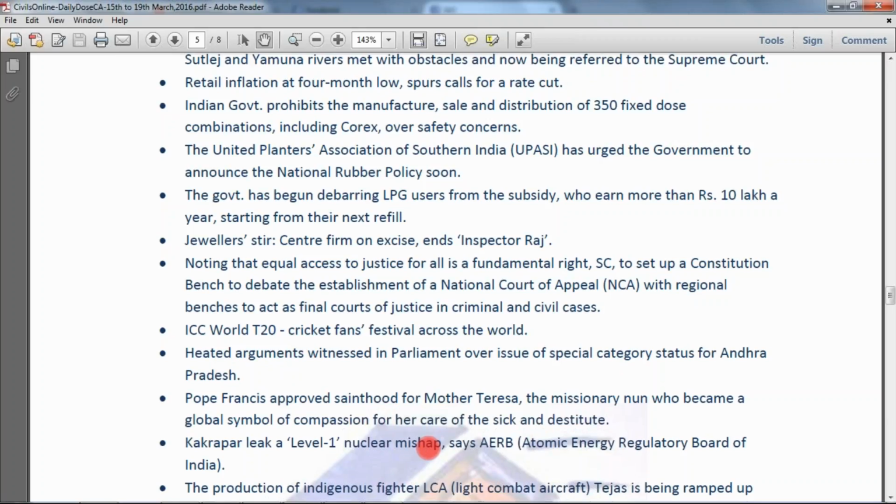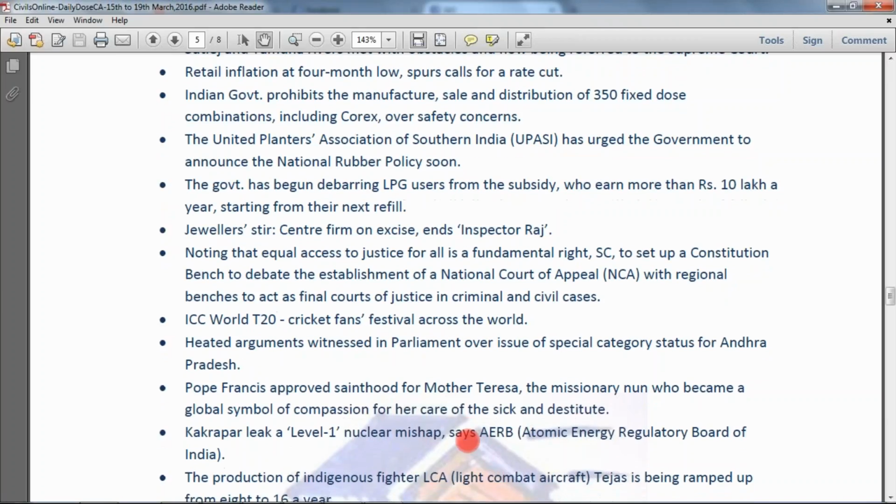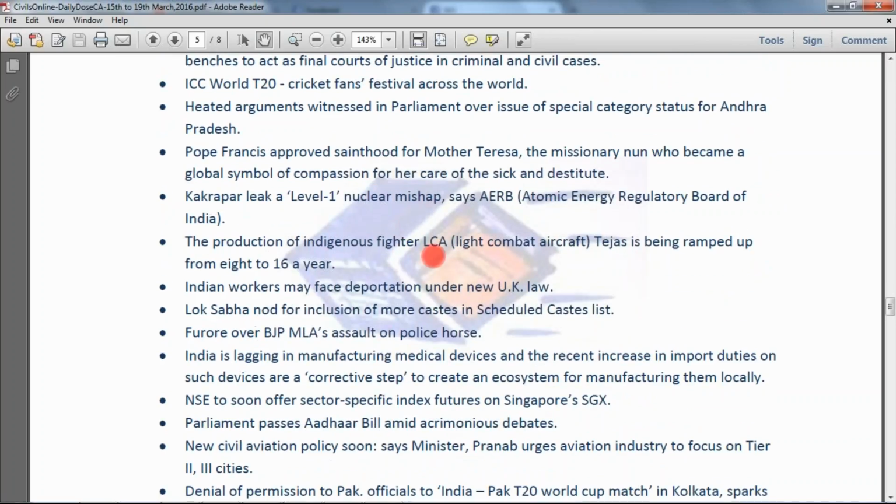Kakrapar nuclear power plant leak a level 1 nuclear mishap, says AERB, Atomic Energy Regulatory Board of India. The production of indigenous light combat aircraft Tejas is being ramped up from 8 to 16 a year.